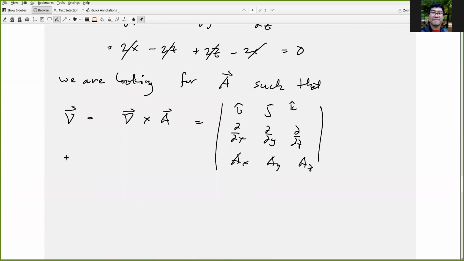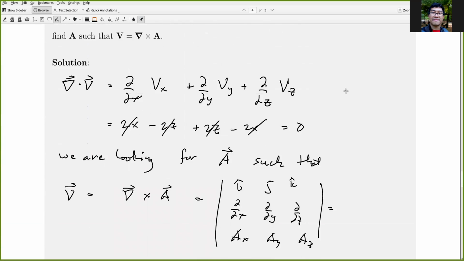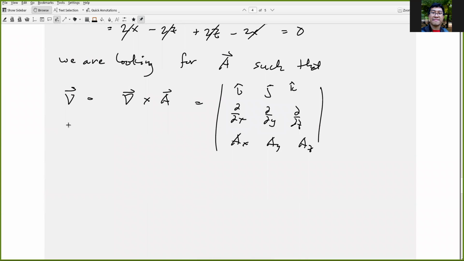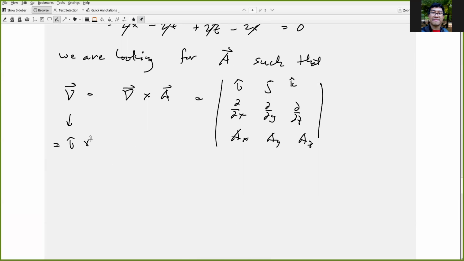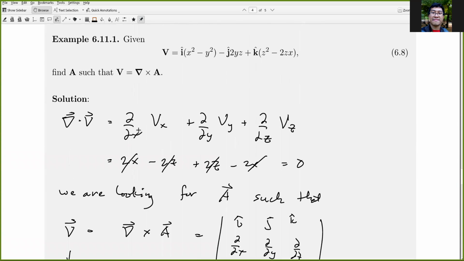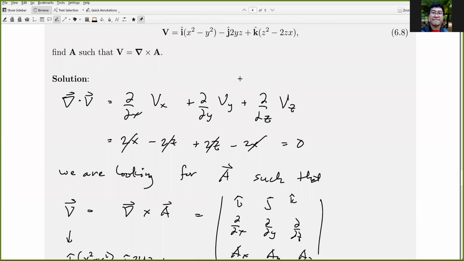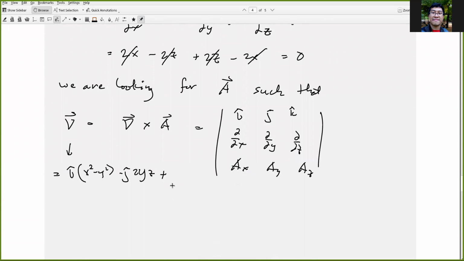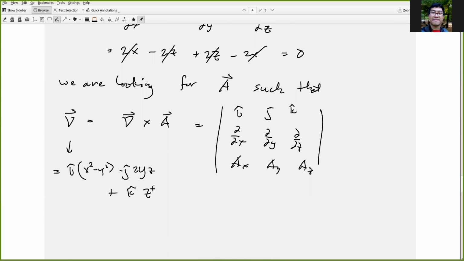If you want to write, this is equal to i times x squared minus y squared minus j times 2yz plus k times z squared minus 2zx.